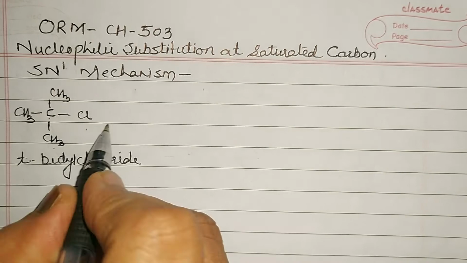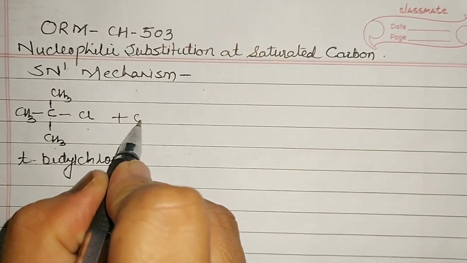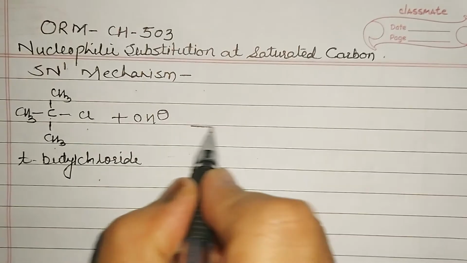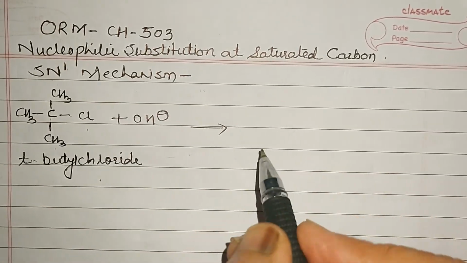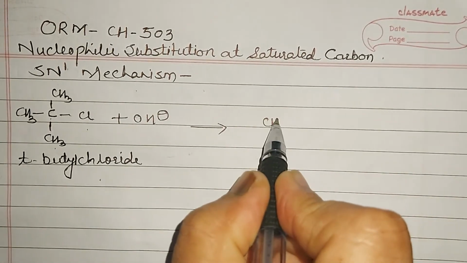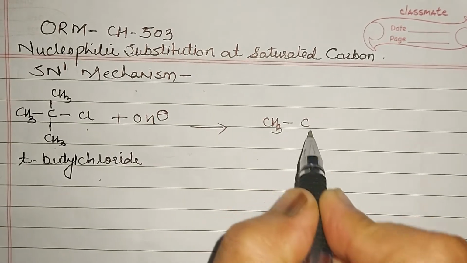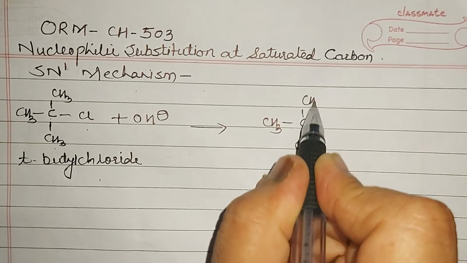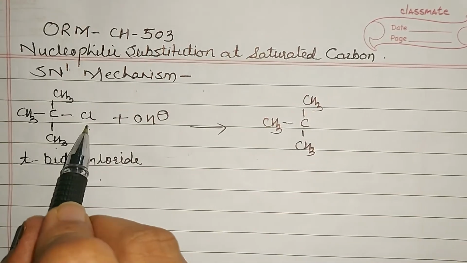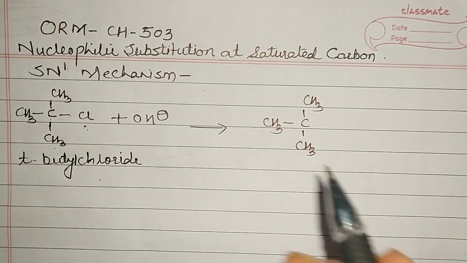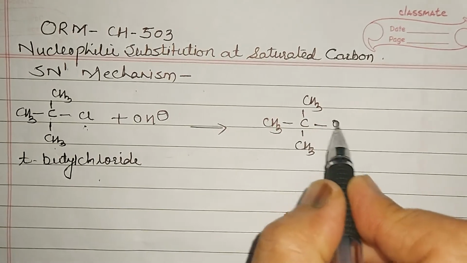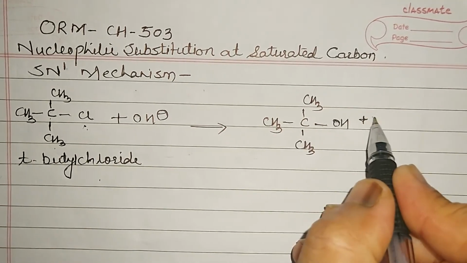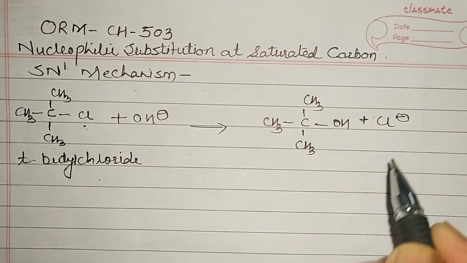When this molecule undergoes hydrolysis, it will give CH3, C, and this Cl will be replaced by OH, plus Cl negative.